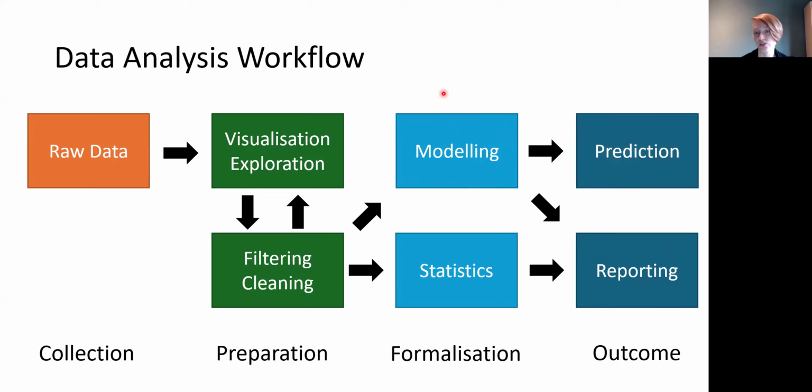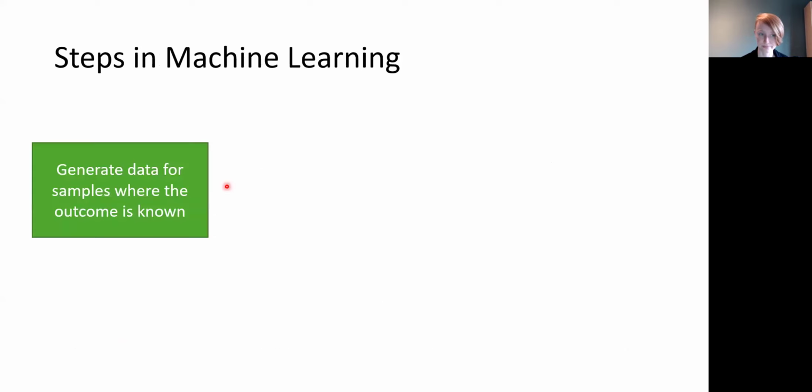But also we can use modeling to predict new data that we haven't seen before. But again, when we're doing modeling, we still need to do these first couple of steps. We can't just skip straight to the modeling without looking at our data and understanding what is happening within it so that we don't make mistakes later on.